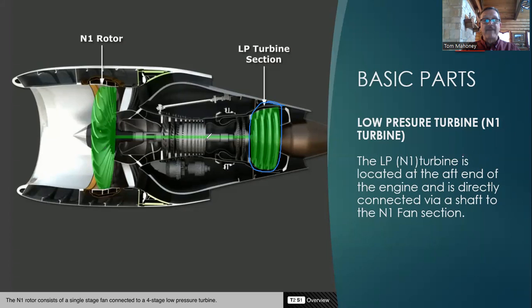You'll have a shaft that moves all the way forward. Just think of it as a solid shaft connecting the low pressure turbine and the N1 rotor together so that when the turbine is spinning, it will rotate the fan.